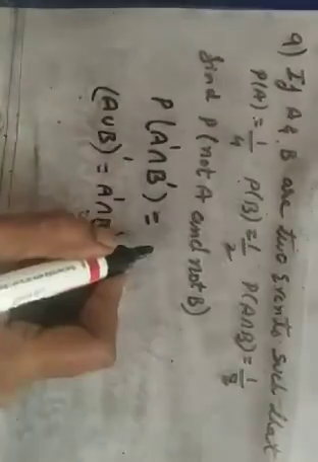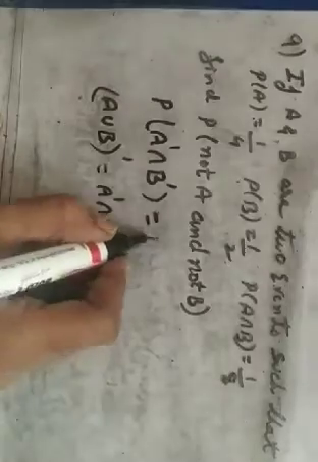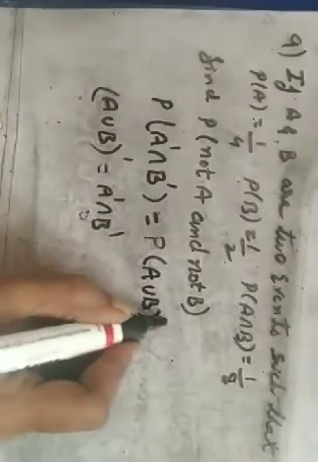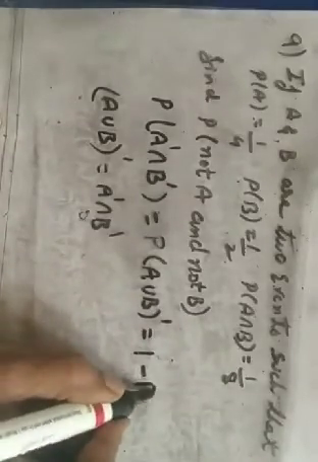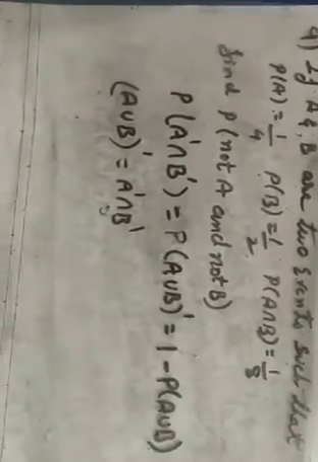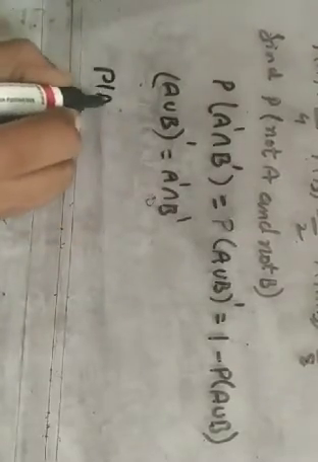So what is P of A dash intersection B dash? This can be written as P of A union B complement. How to find the complement? 1 minus P of A union B always. 1 minus P of A union B. Let us find P of A union B then.